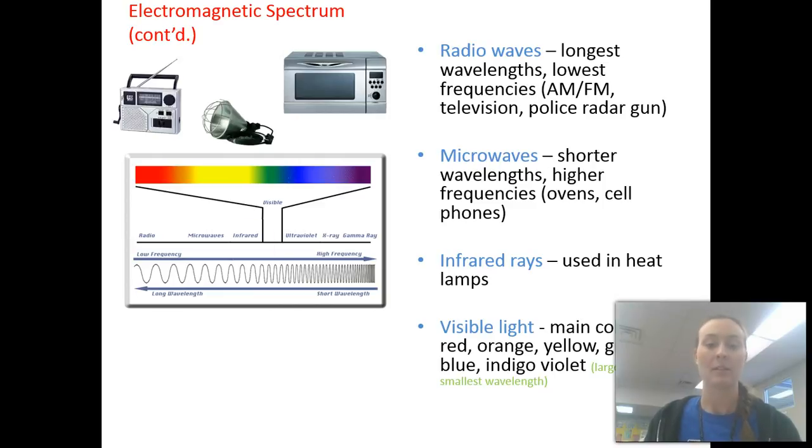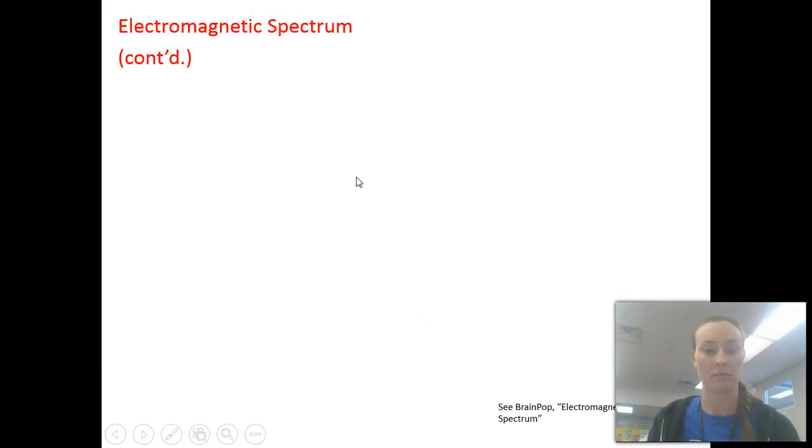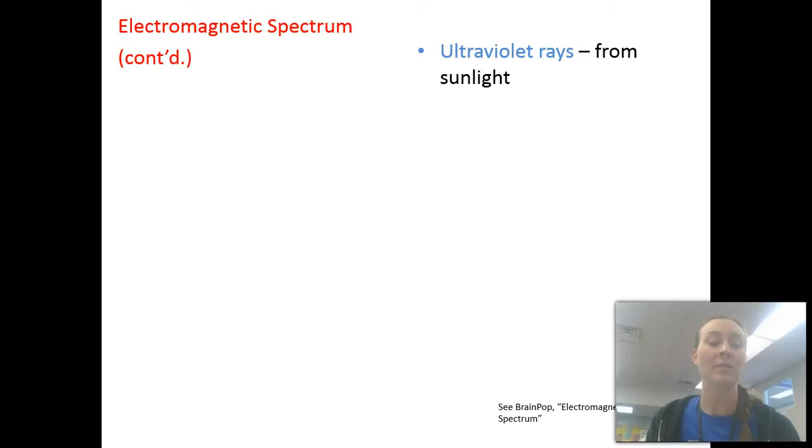Visible light is made up of different colors. The main colors are red, orange, yellow, green, blue, indigo, and violet. The largest wavelengths are over here on the left, starting with red, all the way over to the smallest wavelength, indigo and violet. Ultraviolet rays are from the sunlight, so if you've ever spent too much time outside and gotten a sunburn, that is from ultraviolet rays.